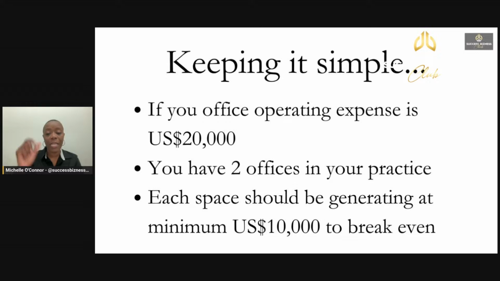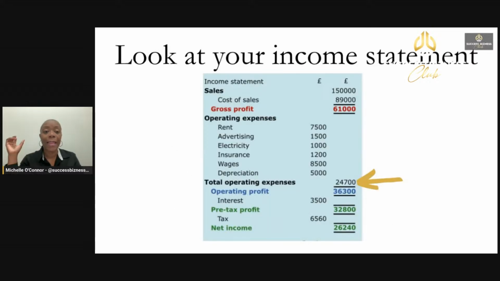And there's a reason I use operating expense. I always encourage persons, ask your accountant for your income statement and look at that line, because we don't want to just use the rental costs, because guess what? You're marketing your office, you're paying rent, your utilities and insurance, wages, you name it. There are other expenses that come into operating the office.